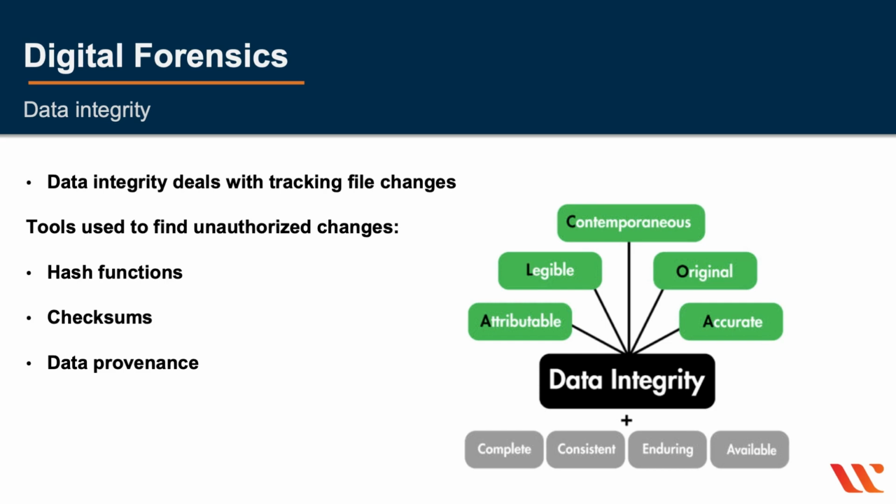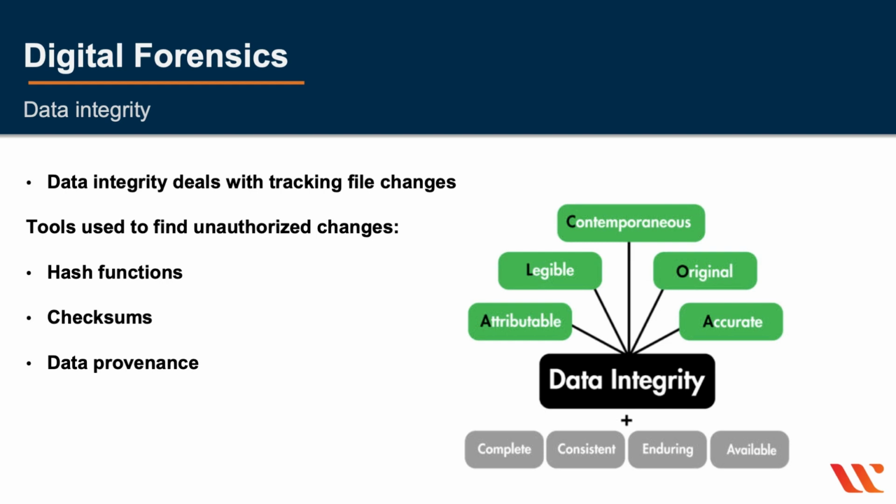Hashing is used for digital forensics, for example, for digital signatures and so on. Checksums are math algorithms that can provide, like, a CRC check, but mostly they're used for looking for errors instead of actually looking for any unauthorized changes.